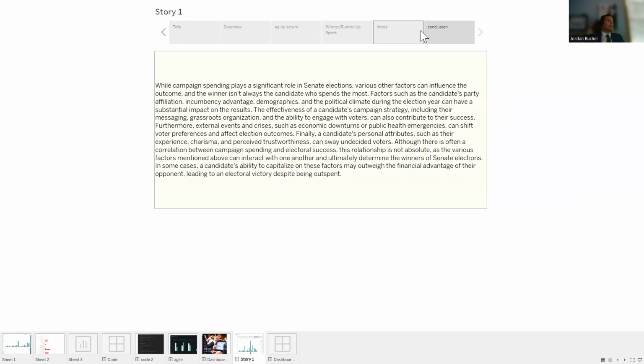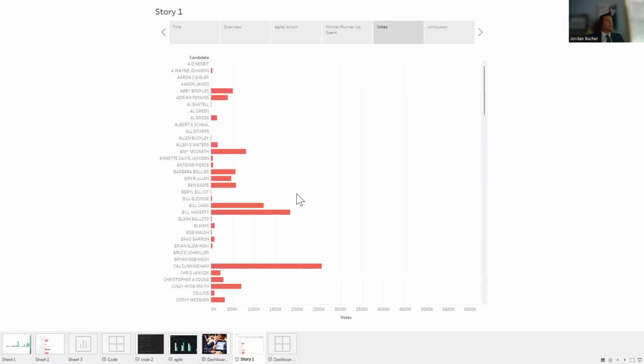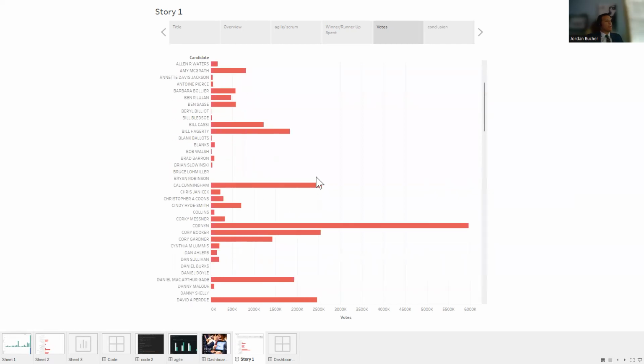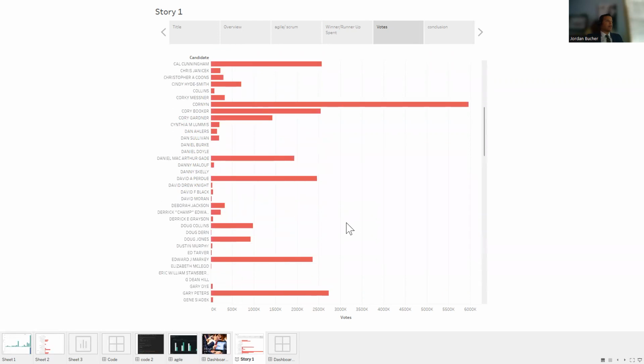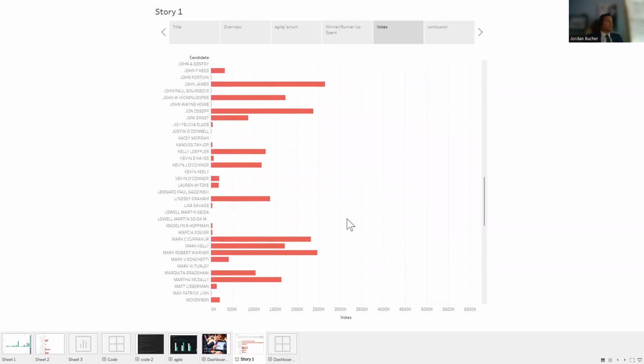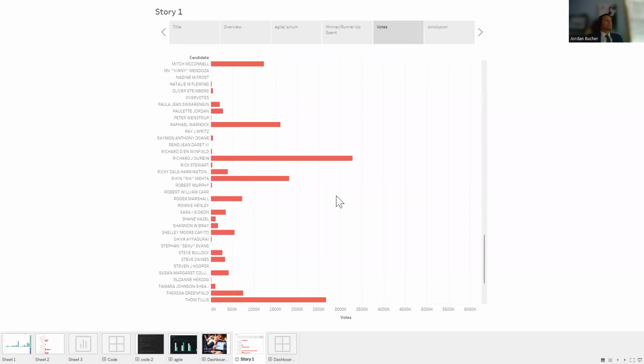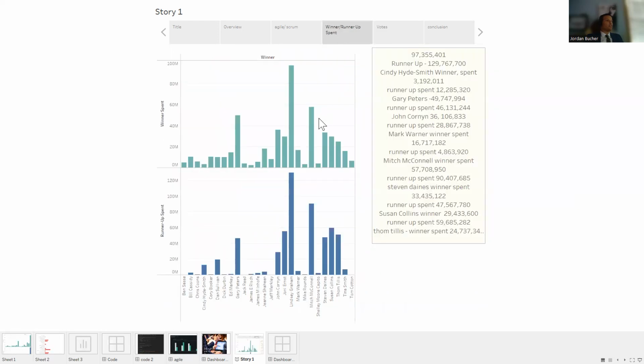These happen. I have another chart here. This is a breakdown just over how many votes each candidate received. This is all for the 2020 election. But this goes right along with the other two charts I have here as well.